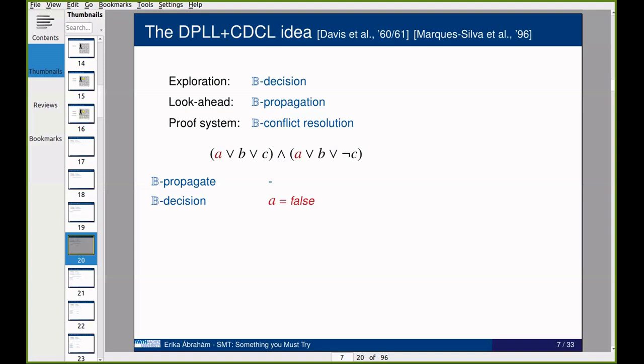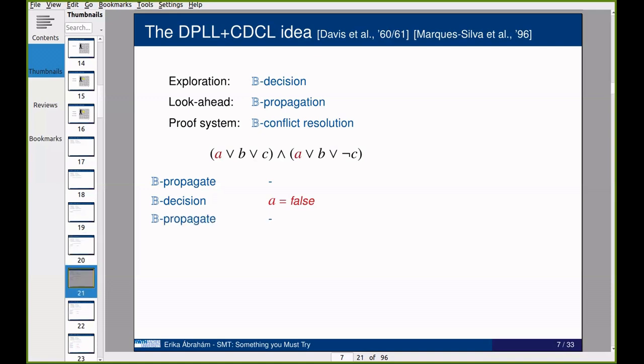So I look at each clause and I check whether all but one literals are already false, because then I know the last one needs to be true. Otherwise, the clause is violated. This is the last chance to satisfy the clause. In this case, it does not apply because we have here A is false, but still two literals are unassigned, and here A is false, but still two literals are unassigned.